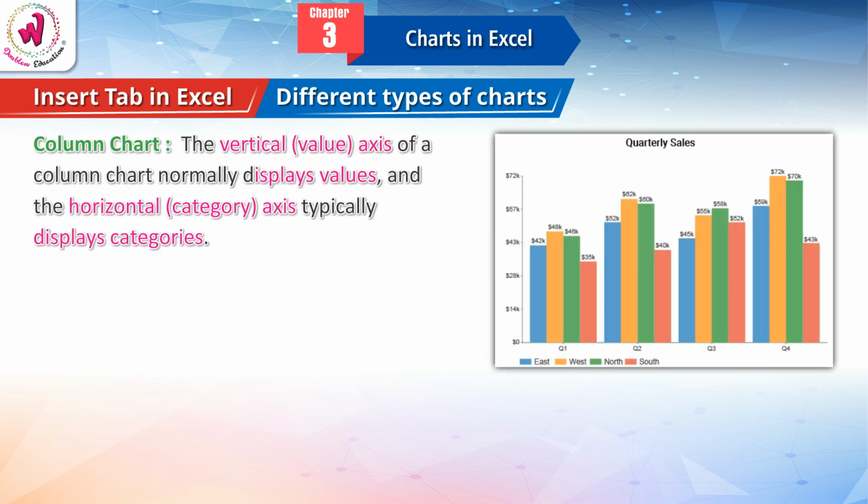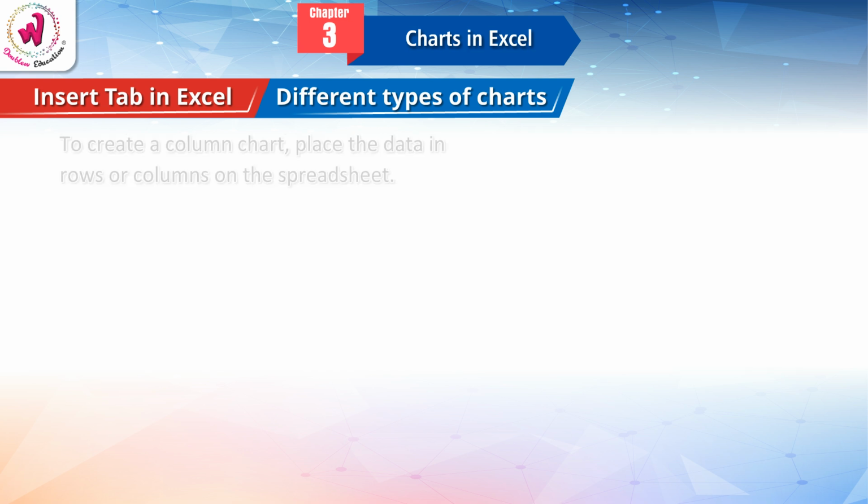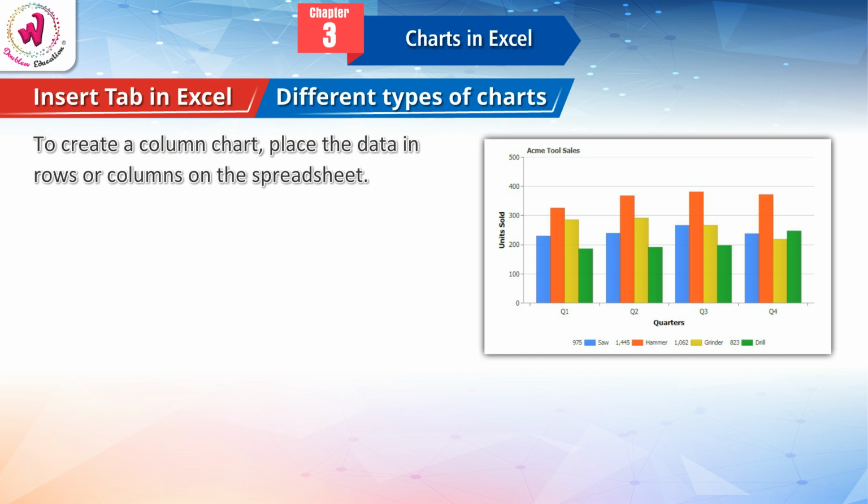Column chart. The vertical value axis of a column chart normally displays values and the horizontal category axis typically displays categories. To create a column chart, place the data in rows or columns on the spreadsheet.